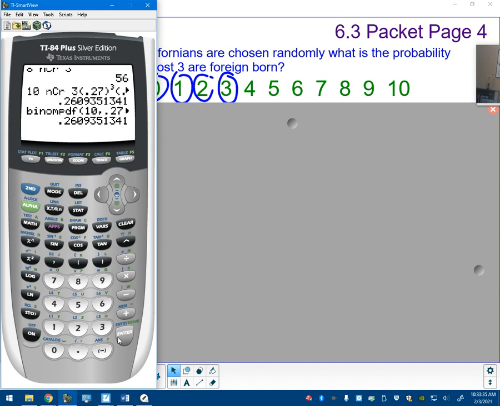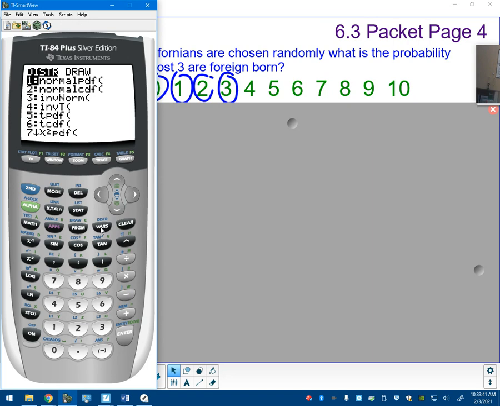All right. So the answer to this one is actually second bars, go down to binomial CDF. And that's going to add number 1 plus number 2 plus number 3 plus number 4. It adds all 4 of those decimals together. You put in the same thing: 10, 0.27.